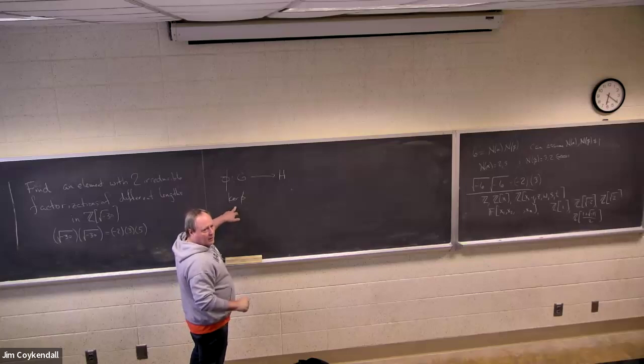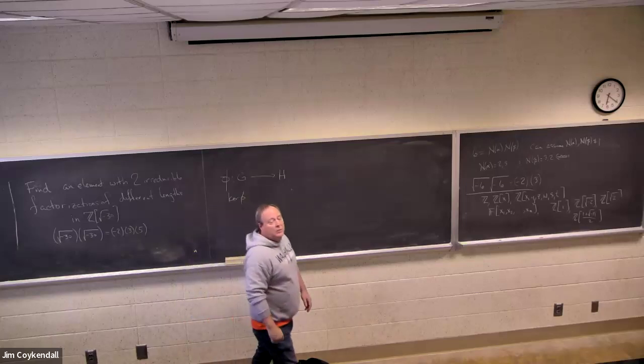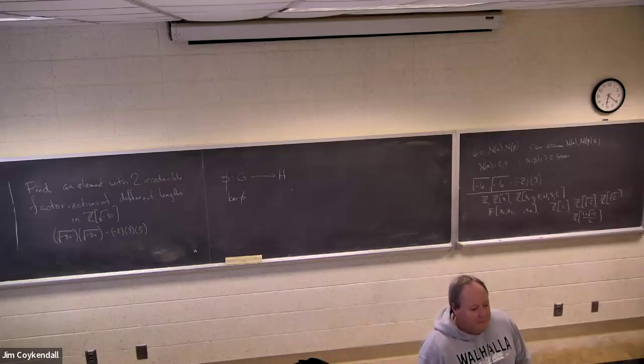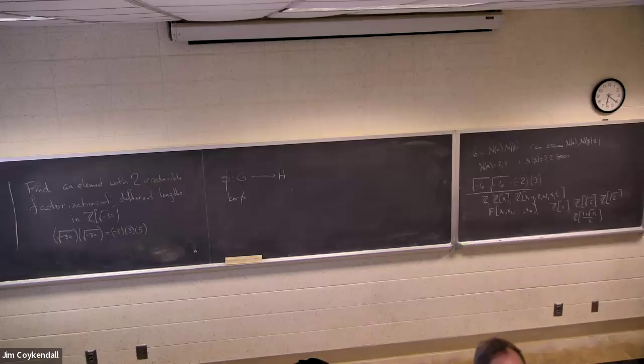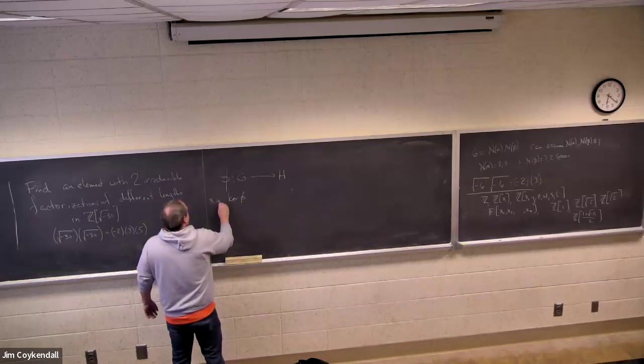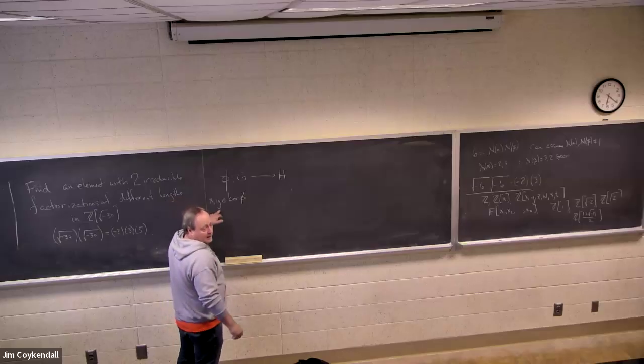First of all, this is not the empty set. Can you name something that's in the kernel of any homomorphism? Yes, the identity. So it's not empty, and all we have to do is use the subgroup criterion.